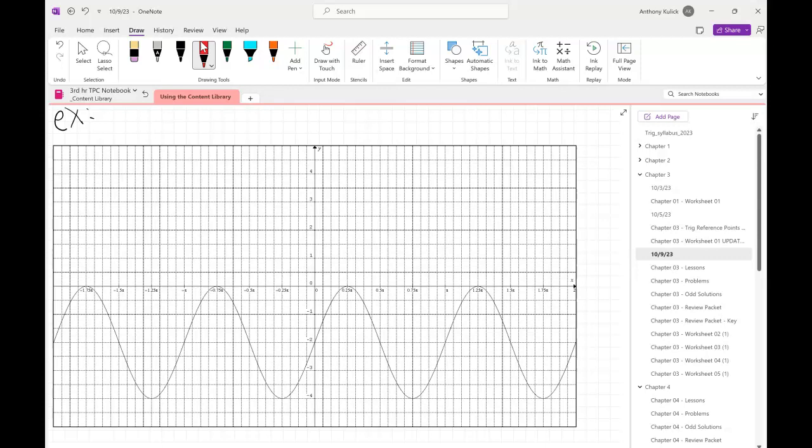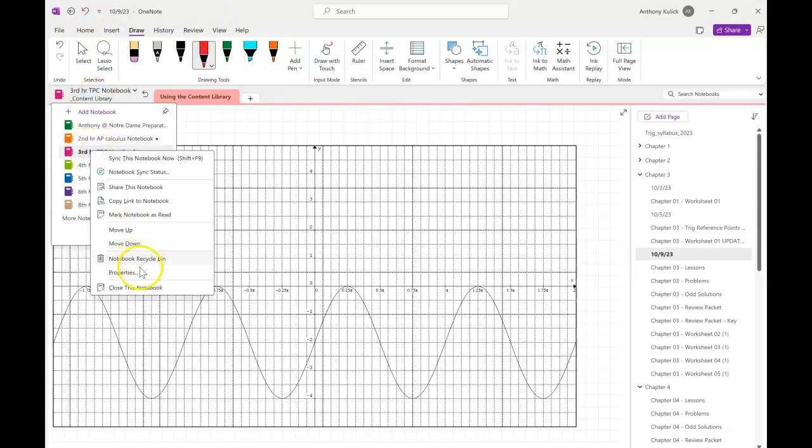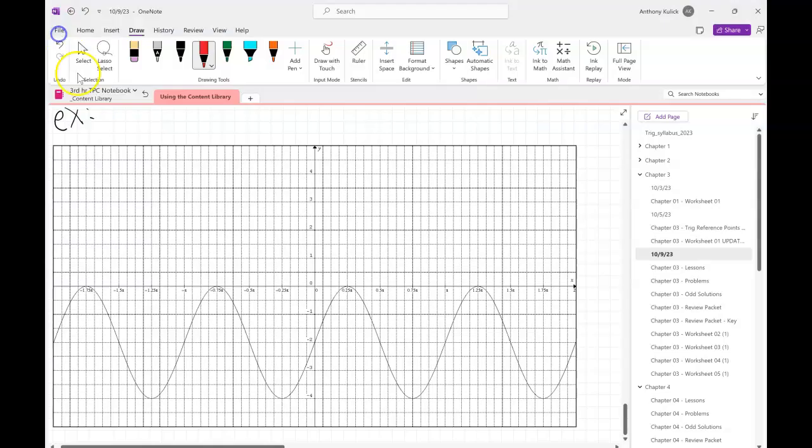What do you mean? It says it's not connected. It won't let me sync. So if you do this, click up here, and then right click on the notebook and hit close. You'll get a little error message, hit OK. Yeah, that keeps happening to my OneNote.